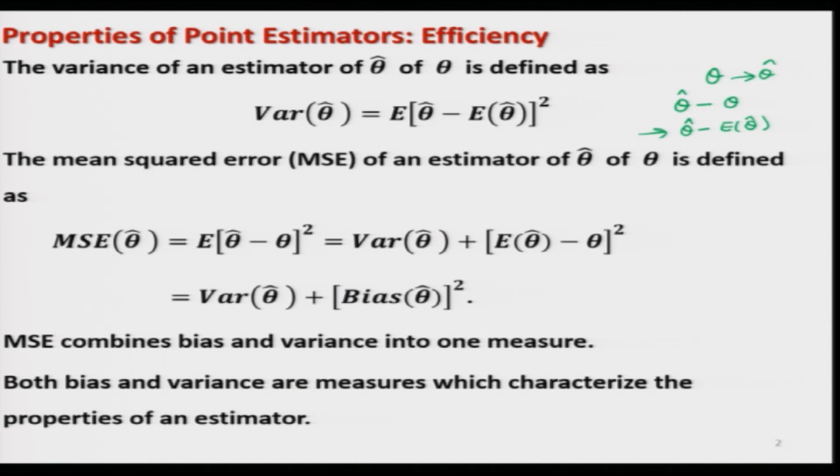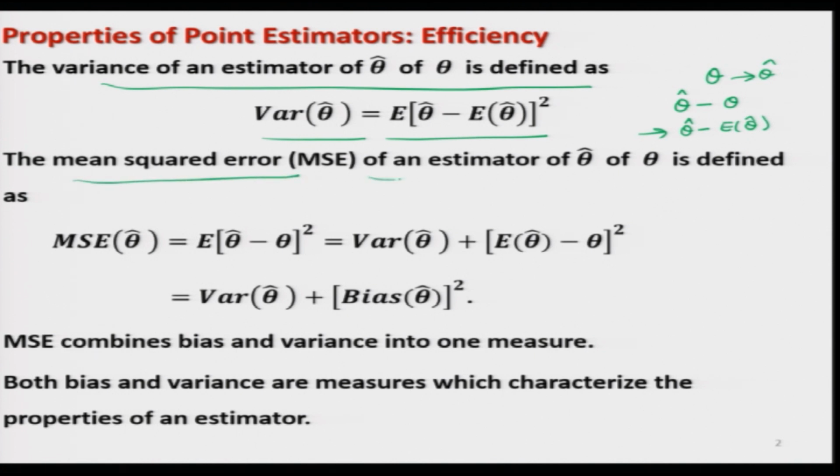So, we define the variance of an estimator theta hat as variance of theta hat equal to expected value of theta hat minus expected value of theta hat whole square, and the mean squared error of an estimator theta hat is defined as expected value of theta hat minus theta whole square. Taking expectation with respect to the mean value, expected value of theta hat, or theta, is not a very difficult job for you, but this is how we define the two concepts of variability when we are talking of the efficiency of the estimator.